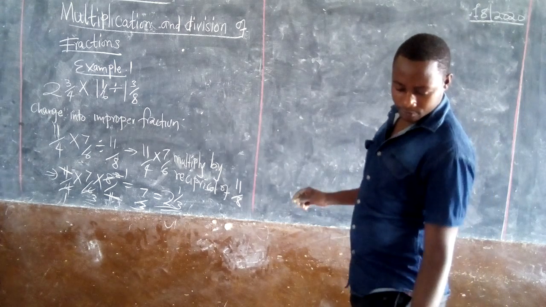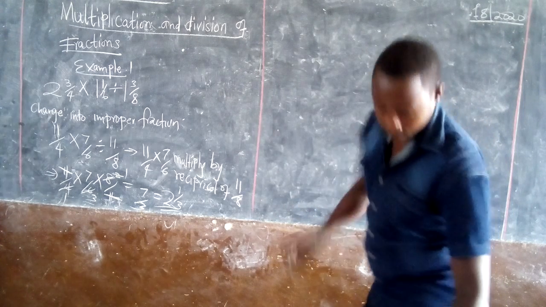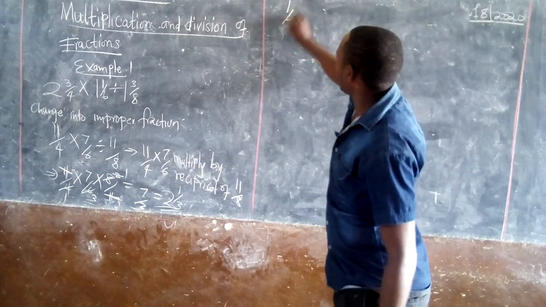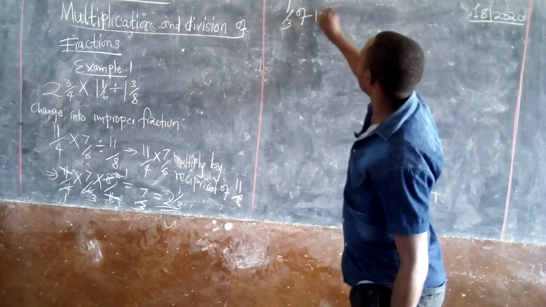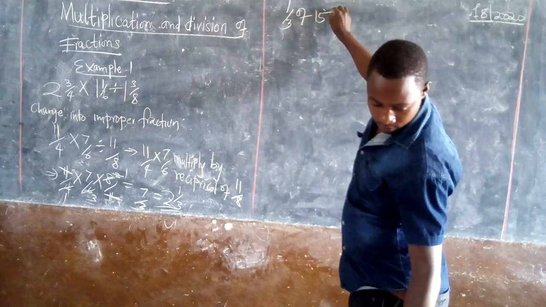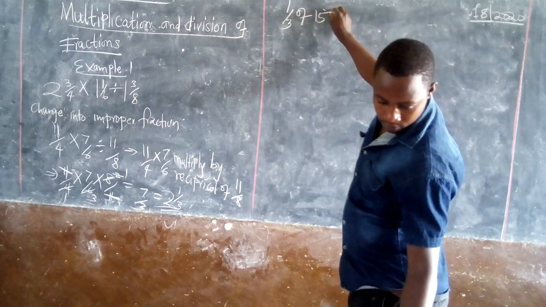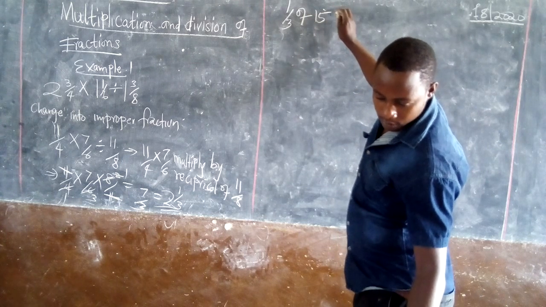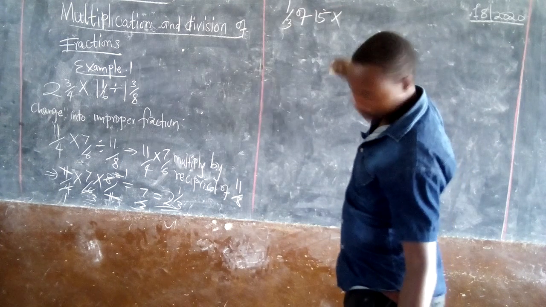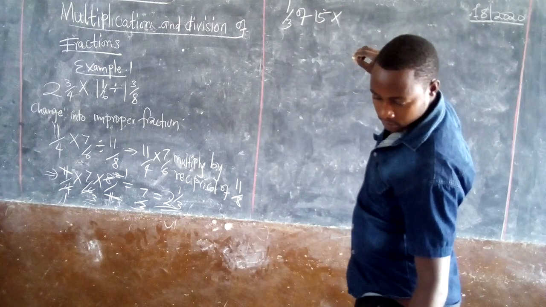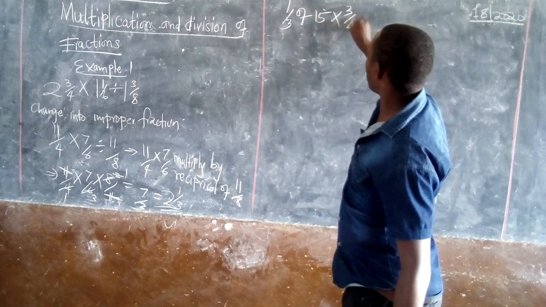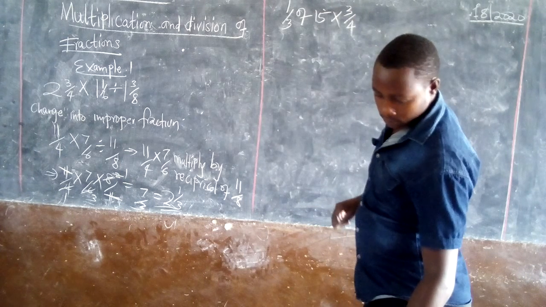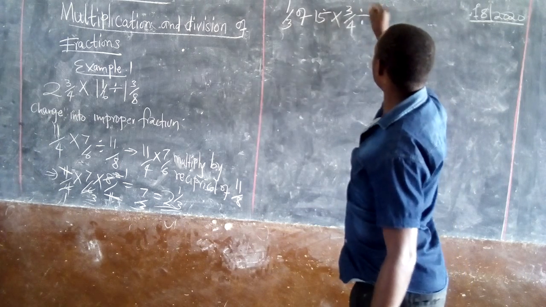You are told: a third of 15 times 3/4 divided by 1/4.